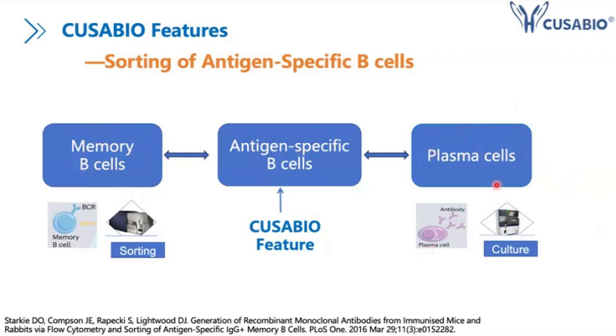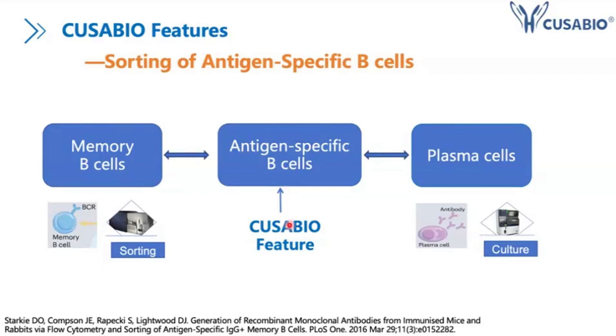The idea behind this is that the transition from memory B cells to plasma cells has a very short window. During this short differentiation process, we use cell surface markers to capture the antigen positive B cells. By doing this, we increase the success rate of positive clones and also increase the screening efficiency. So the idea is the 2-round screening.